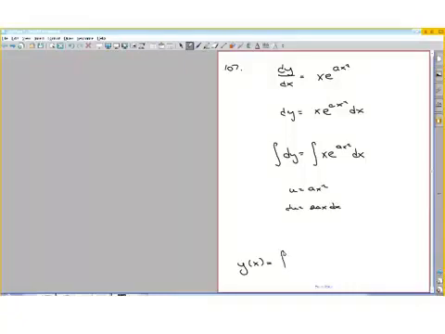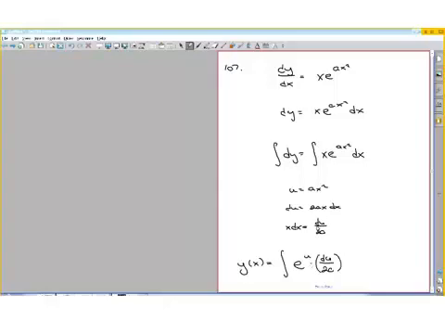Okay, so what we get is the integral. Before we do that, though, we have x dx. So we need to solve for x dx. X dx is equal to du divided by 2a. So I divide both sides by 2a to get that by itself. So we go back here, and we have e to the u times du divided by 2a.